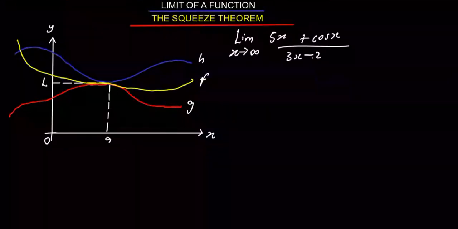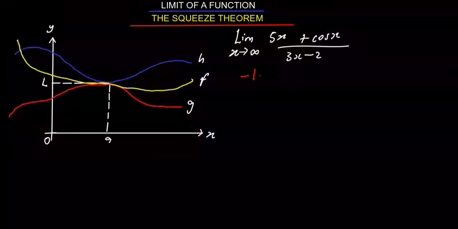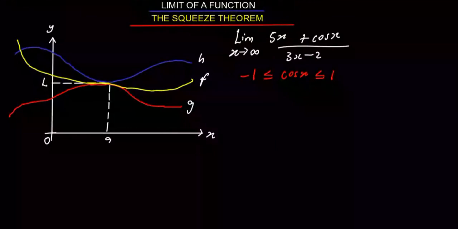All right, what do we do from here? Firstly, start with this cos x that you have. Remember that it has a minimum value of minus 1 and maximum value of what? Positive 1, just like the sine. My job is to make what I have here model what I have here. So how do we do that?